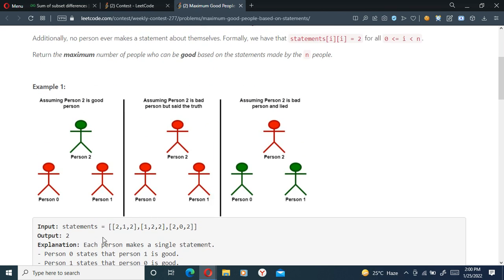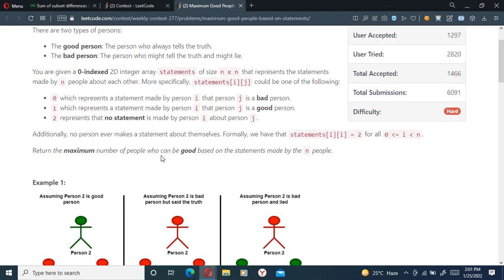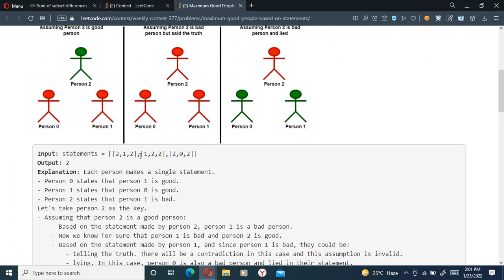Let's see the example and understand it better. So 212 has been given. Okay, what is the input format? 2D integer statements of size n cross n, the statements made by n people about each other. Most specifically this represents a statement made by person I that person J is a good person.